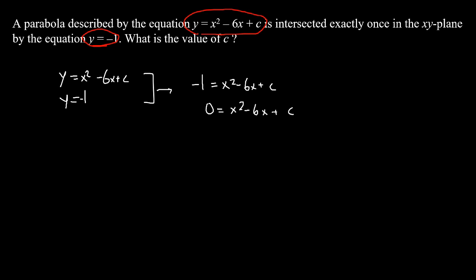plus c plus 1. Alright, so the important thing to note here is that there is only one intersection according to the problem. So if you recall, in the quadratic equation, you have this thing called b squared minus 4ac. Now this is known as the discriminant.